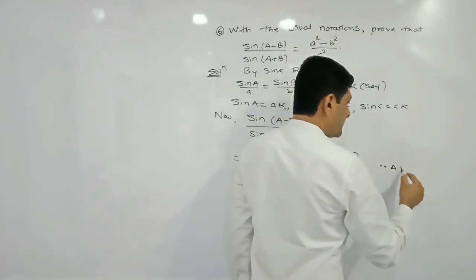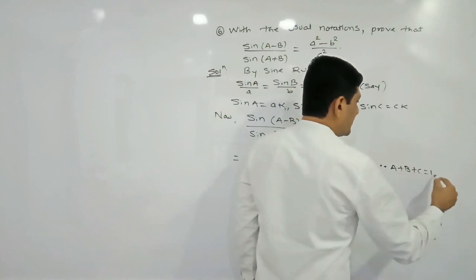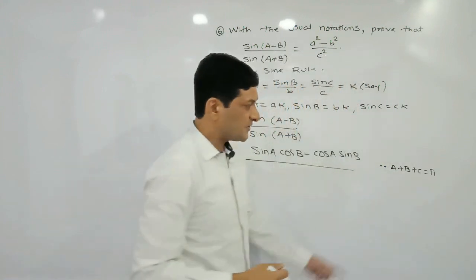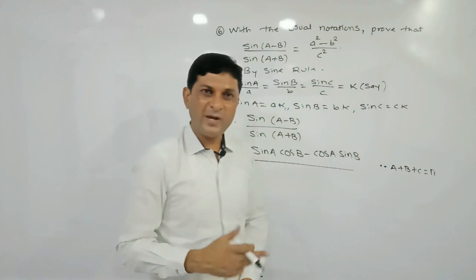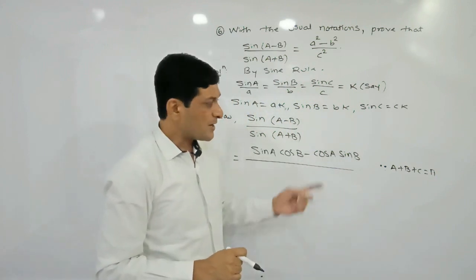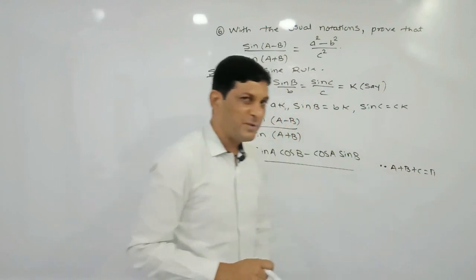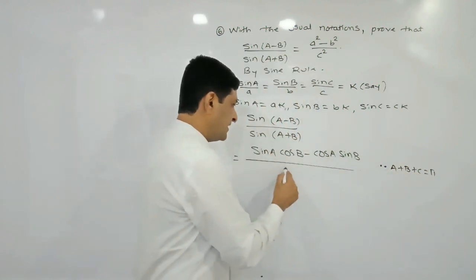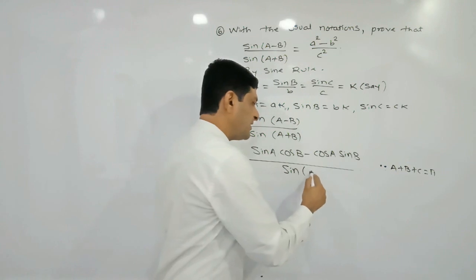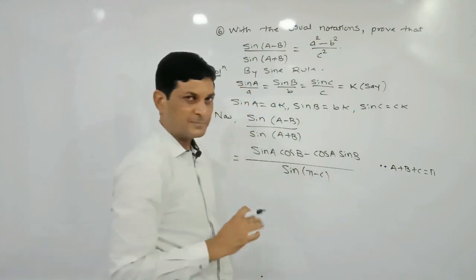Since A plus B plus C is equal to pi, the sum of three angles of a triangle is 180 degrees, which is pi, A plus B can be replaced by pi minus C. So sin(A plus B) can be replaced by sin(pi minus C).